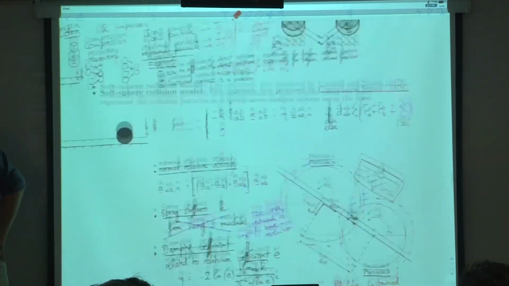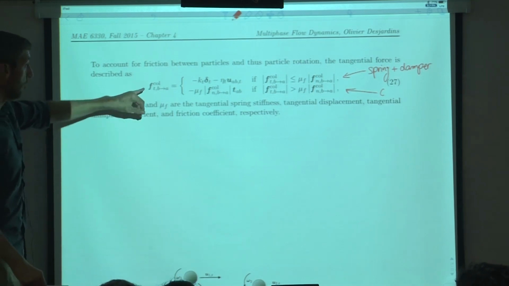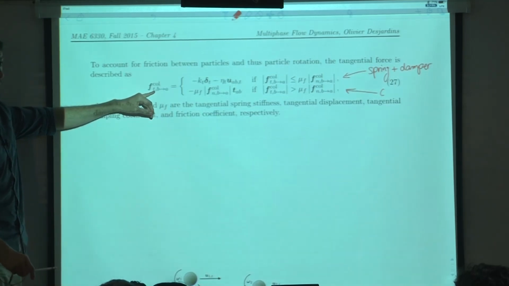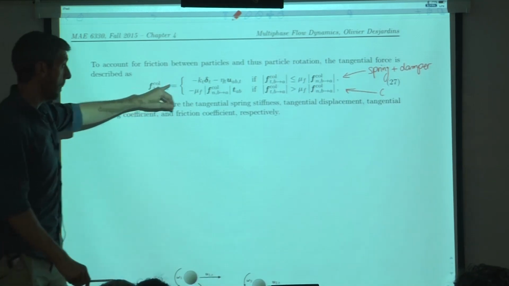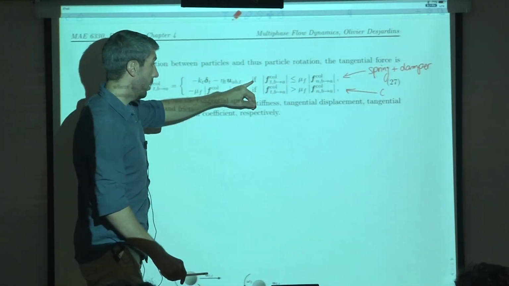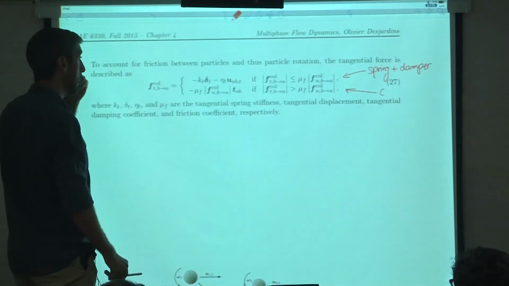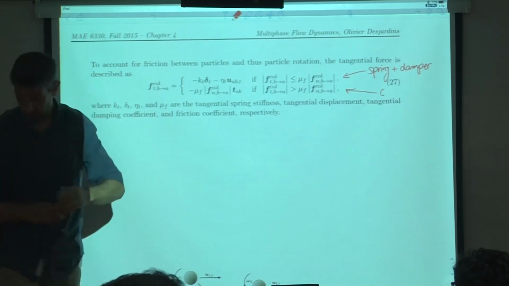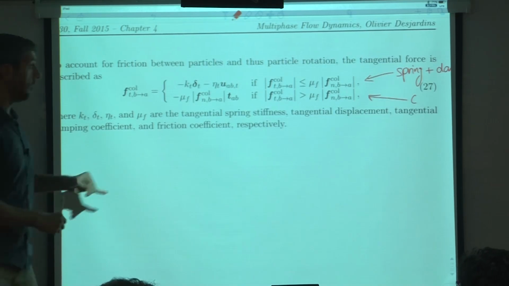So here, right? The subscript is normal. The subscript here is T. You're saying this should be N?